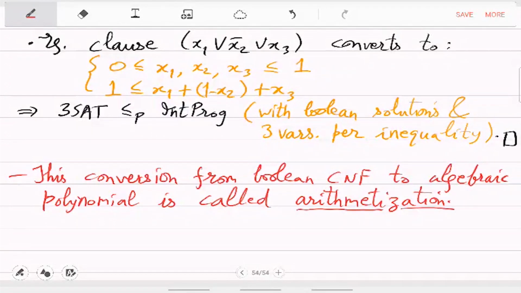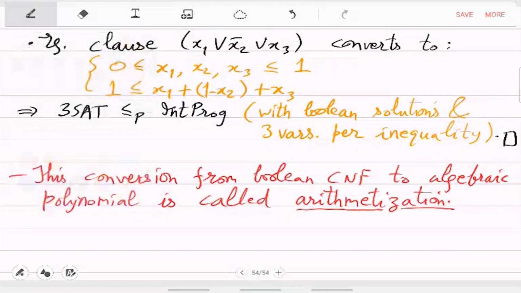You can also call it algebraization. So with this arithmetization or algebraization, we are basically taking the original combinatorial question and bringing it into arithmetic or algebra. So you saw this linear system; we can also get higher degree systems, which we will get in the next example.